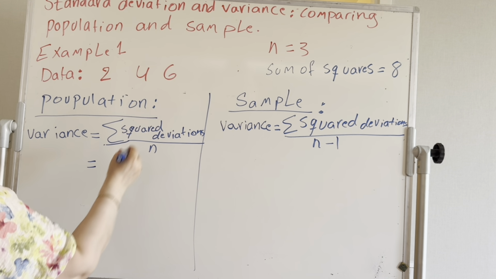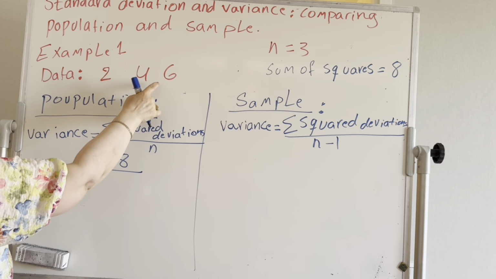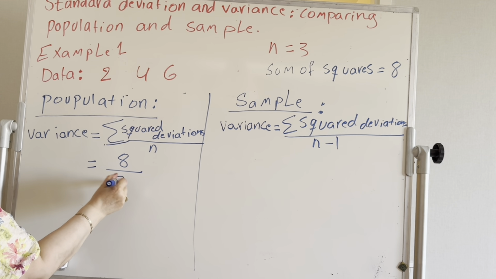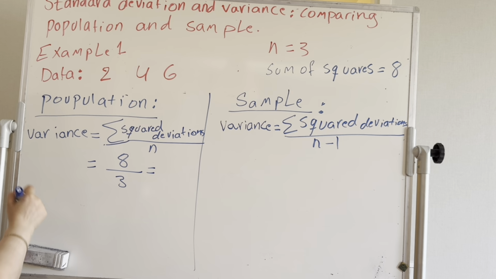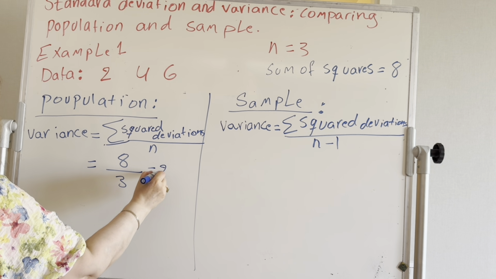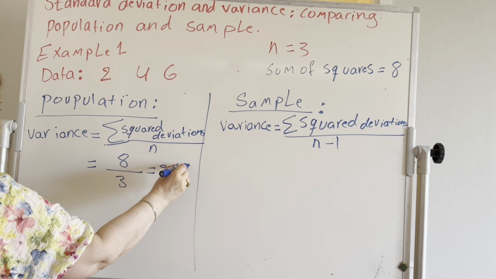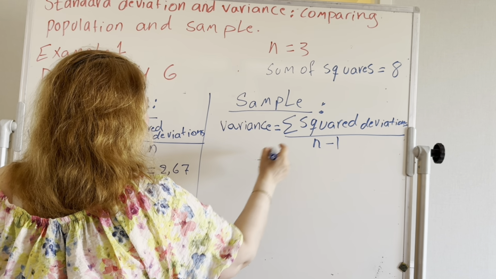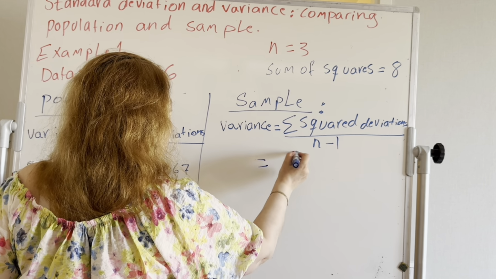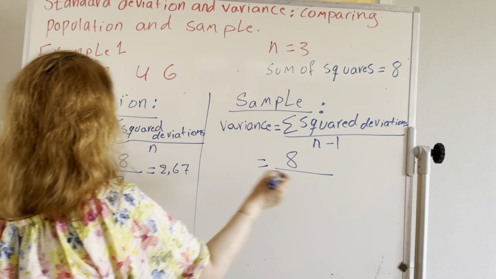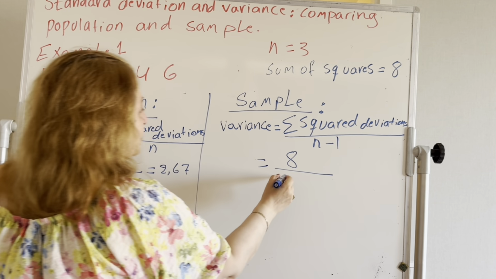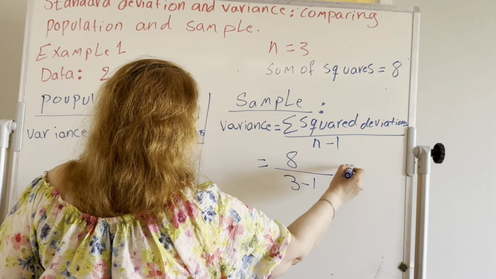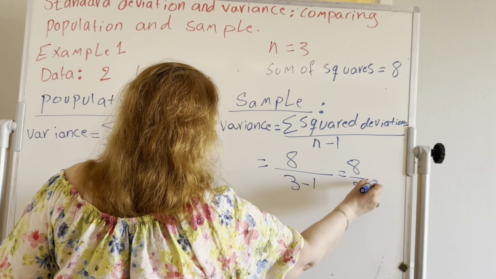Here the sum we get is 8. For population, 8 divided by 3 equals 2.67.